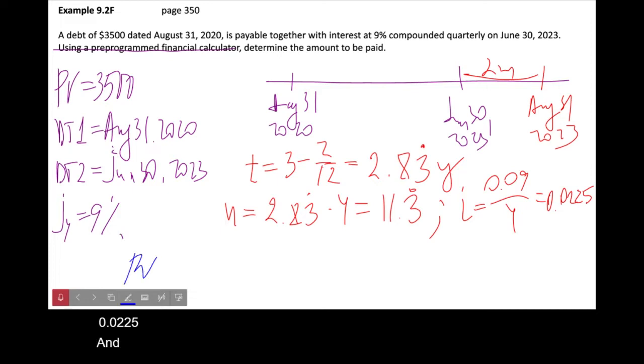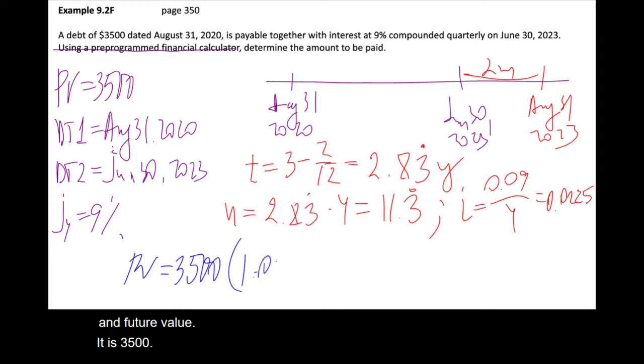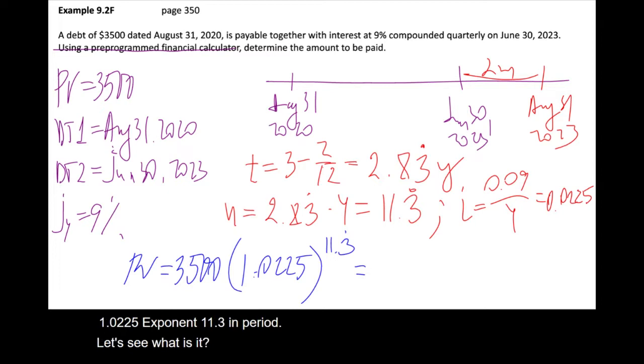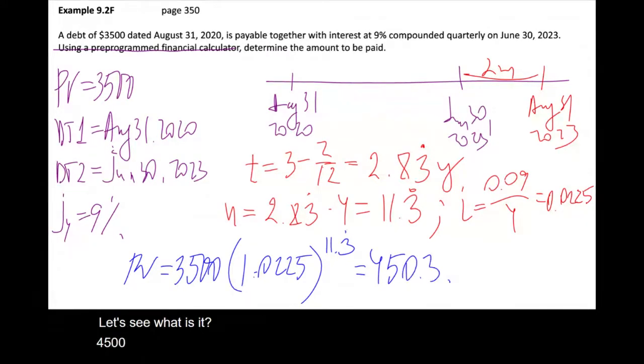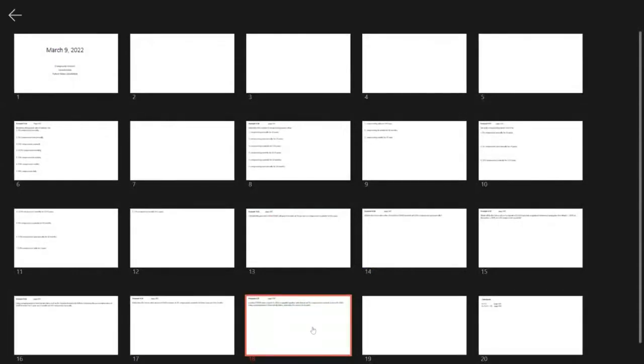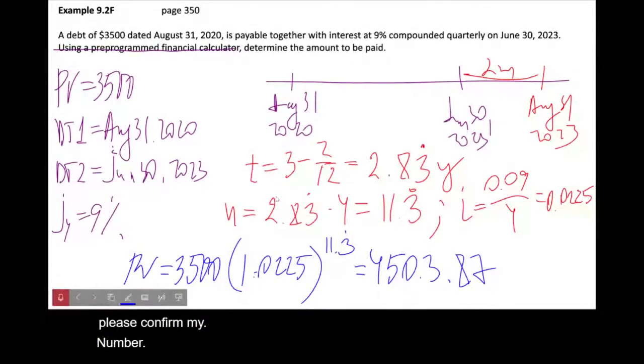And the future value is 3,500 times 1.0225 exponent 11.3 in period. Let's see, what is it? $4,500.87. Please confirm my number.